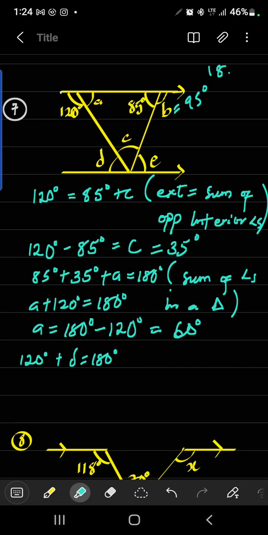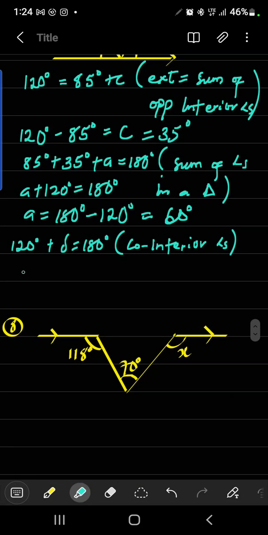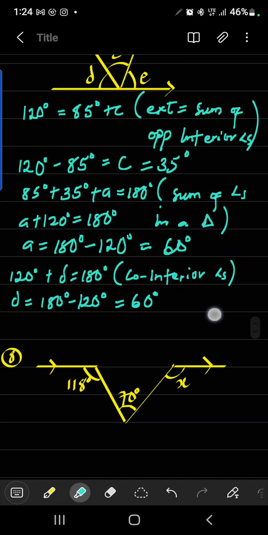Do you still remember? Good. So then you write co-interior angle, sum of co-interior angles is 180, isn't it? So now you write your D equals 180 degrees minus 120 degrees equals 60 degrees.